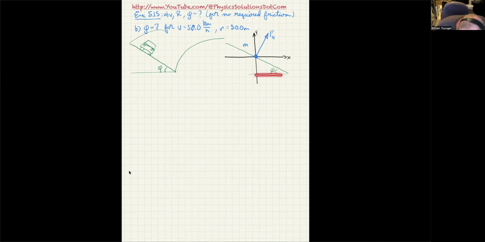And because this is horizontal and this is horizontal, that means these two lines are parallel and this is a transverse line. That means that this angle right here is also theta. And now if you realize that this angle from here to here, this is the roadbed, and this is perpendicular to the roadbed.